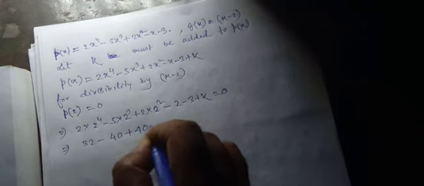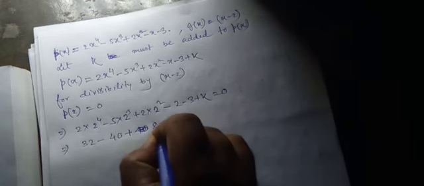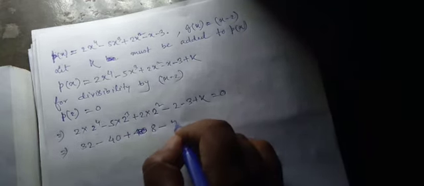2 into 2 power 4 is 32, minus 40, plus 8, minus 5 plus k equals 0. So minus 5 plus k equals 0, which implies k equals 5.